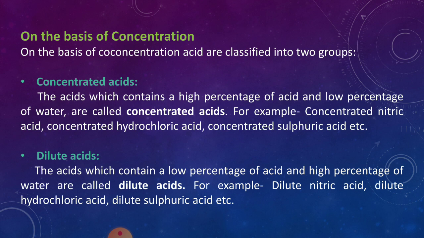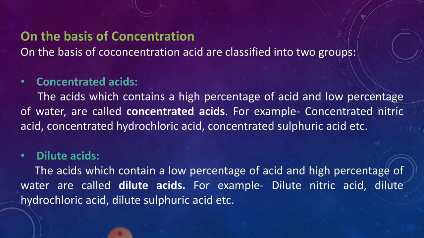Just opposite to concentrated acids, dilute acids are there. The acids in which a large amount of water is present, means a high percentage of water and a low percentage of acid, are called dilute acids.